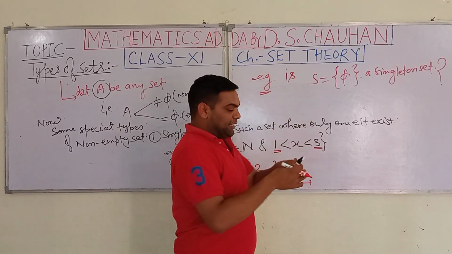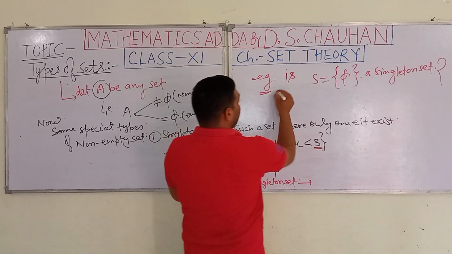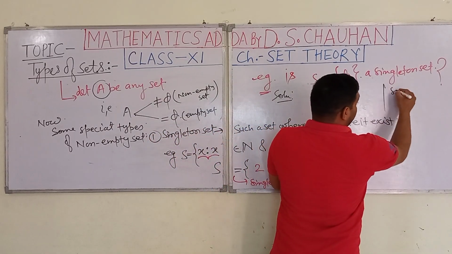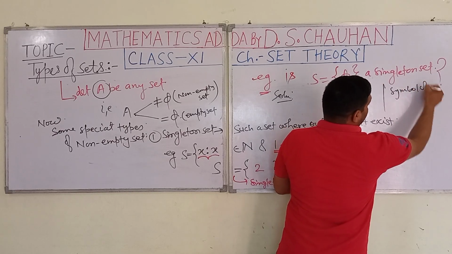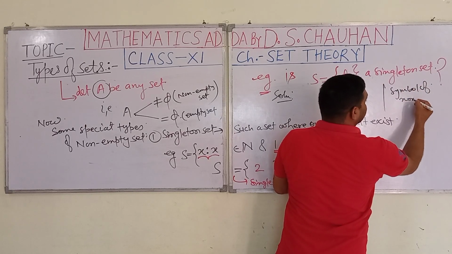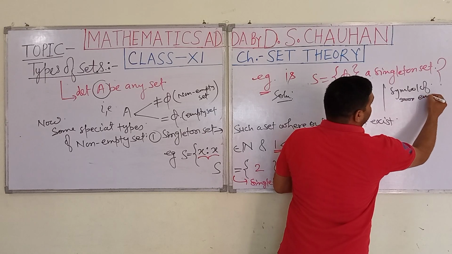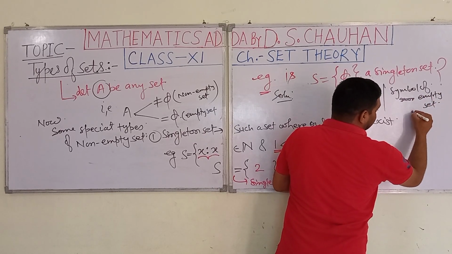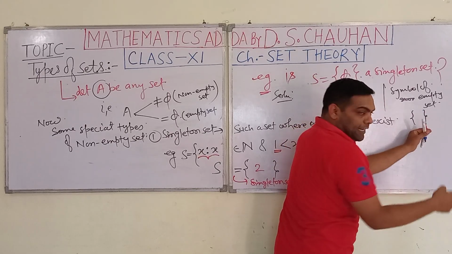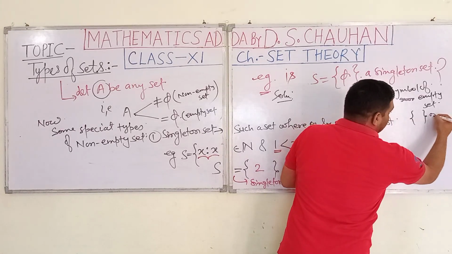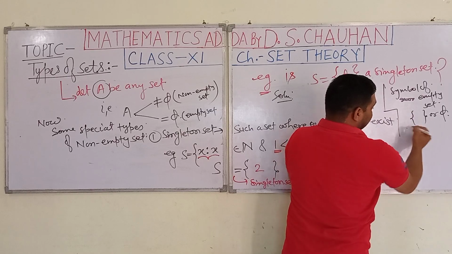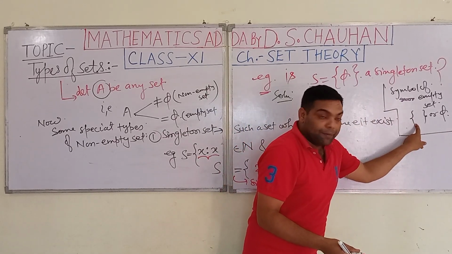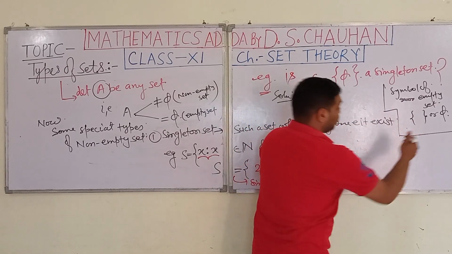Most of the time we have observed that students are facing confusion whether it is an empty set or a non-empty set. Sometimes students say singleton set. Actually, what is it? I am telling you, students. See here. Solution: what is the symbol of the empty set?